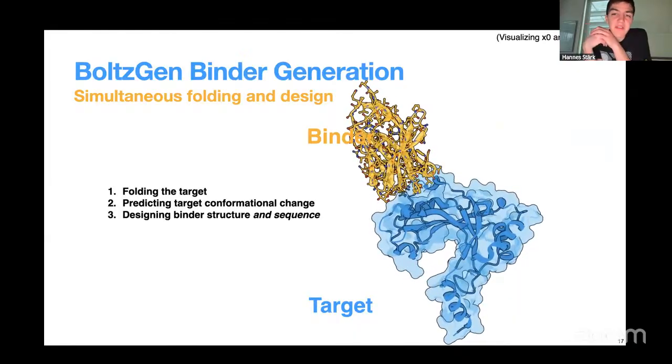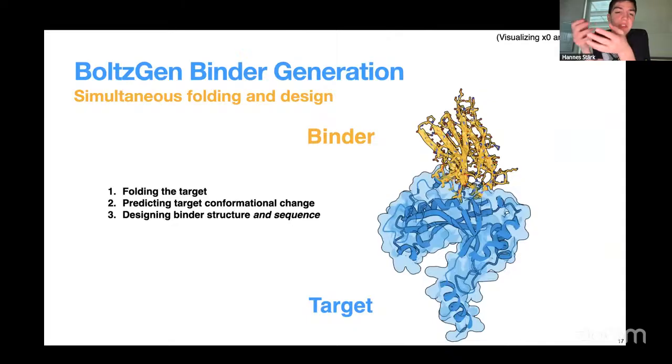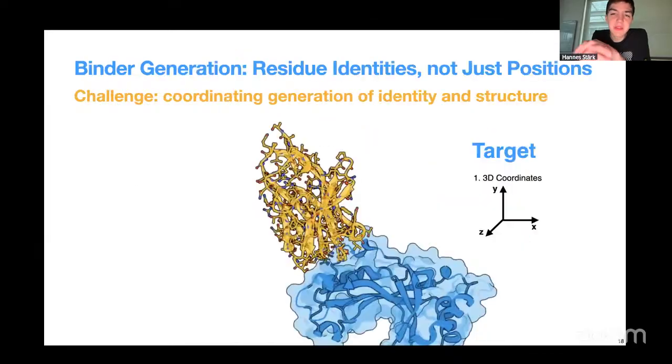And then for this target, we're reasoning about how it changes its conformation, and we're folding it while understanding how it will change its conformation under binding the binder that is simultaneously being designed to bind to the target. This means that for the target, we're just predicting the structure. We're just generating a fixed set of 3D coordinates for every single atom, because we know how many atoms there will be in the target.